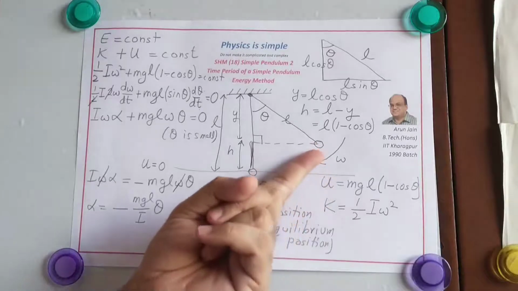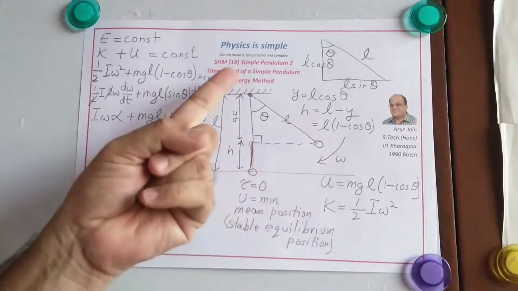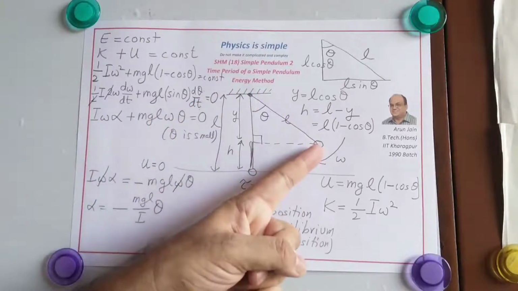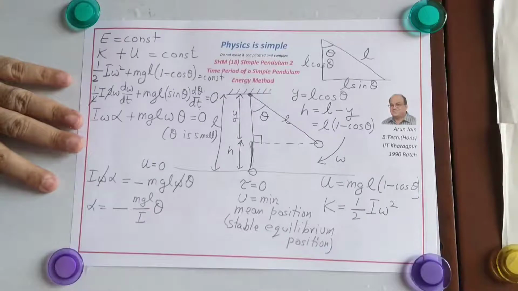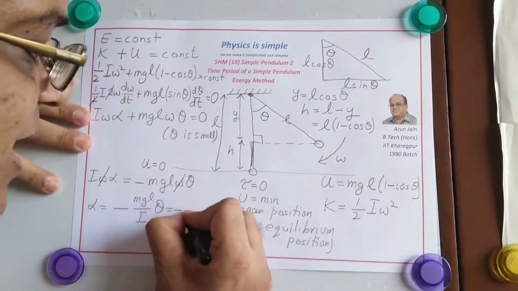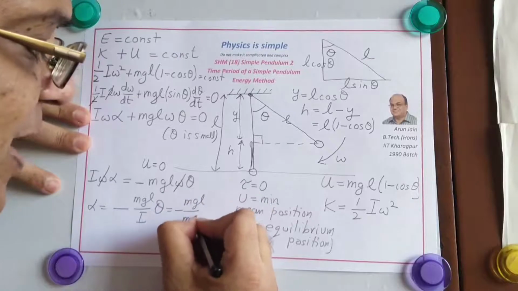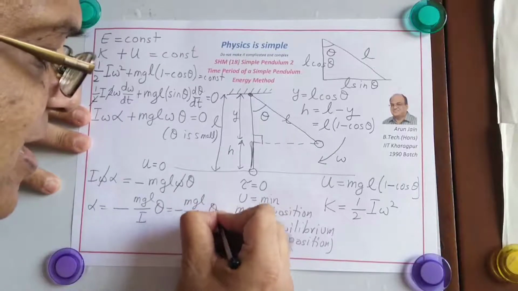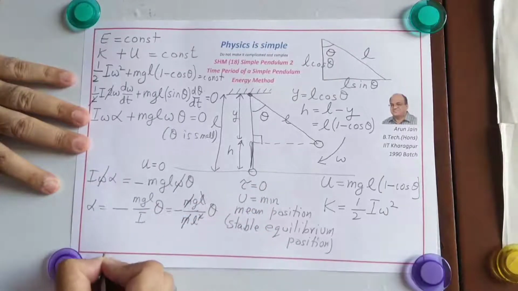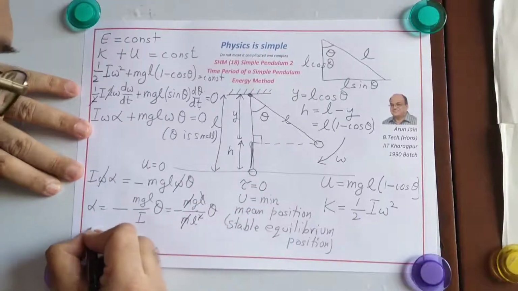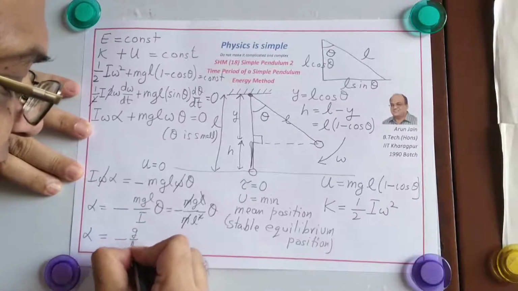This bob is almost like a point mass, and the distance is L from the axis of rotation. So its moment of inertia about this axis is mL square. So this becomes minus mgL by mL square into theta. M cancels out, one L cancels out. So we get alpha equal to minus g by L theta.